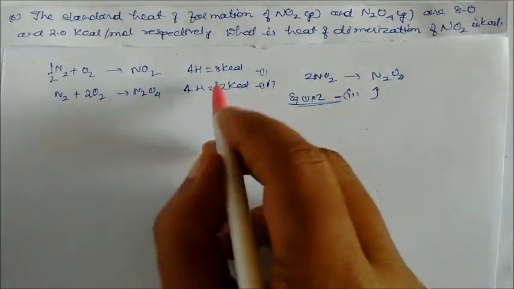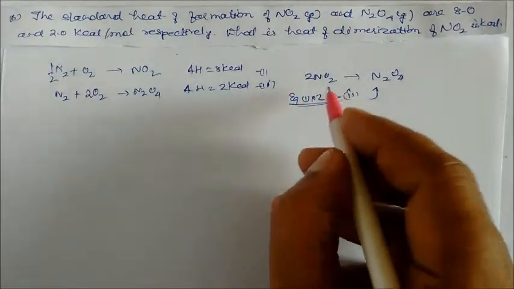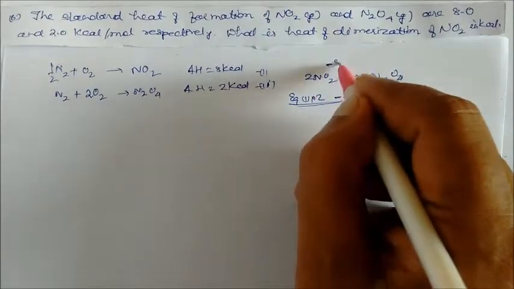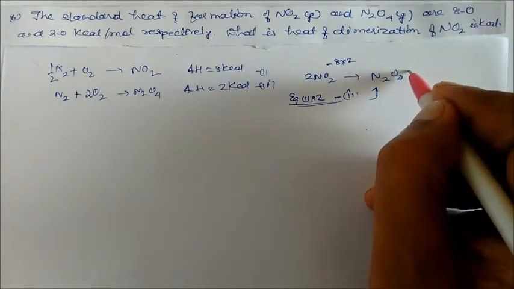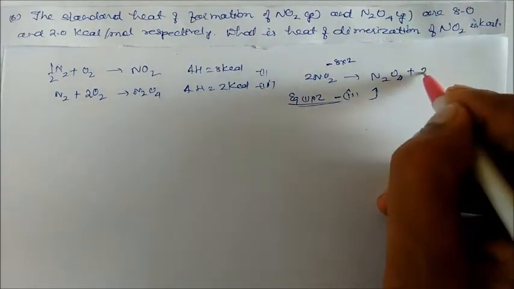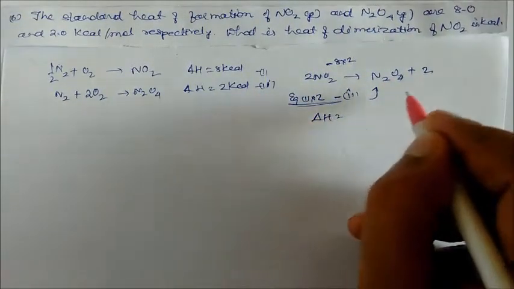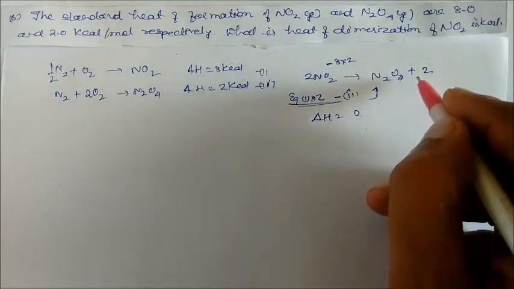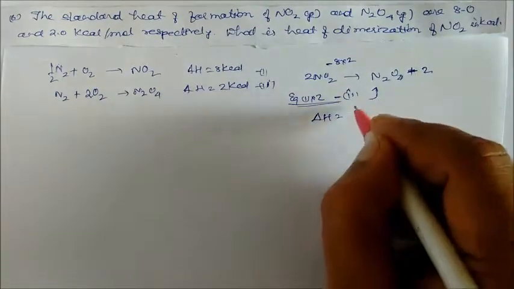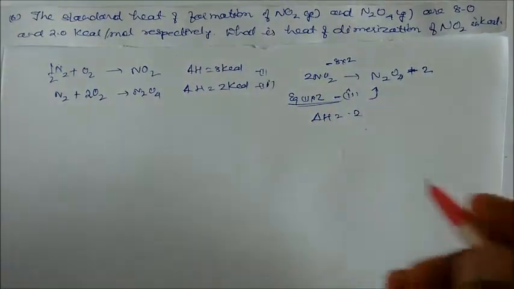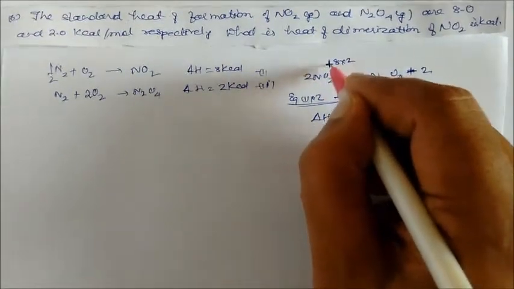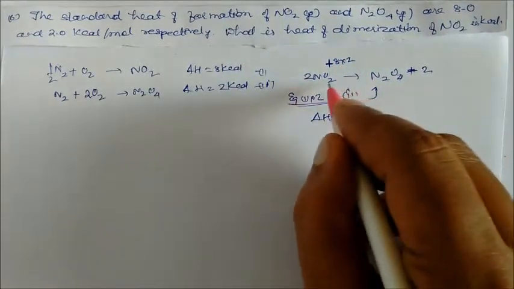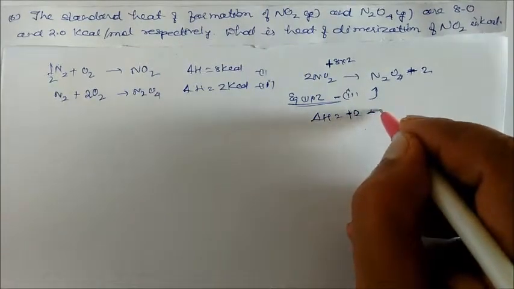So heat will be on the plus side, so it will come to the minus side. So here minus 8 into 2, and this will be plus, the heat is given as 2. So delta H will be total 2, this is minus 2, and if you come to this side, it will be minus 8 into 2, 16.